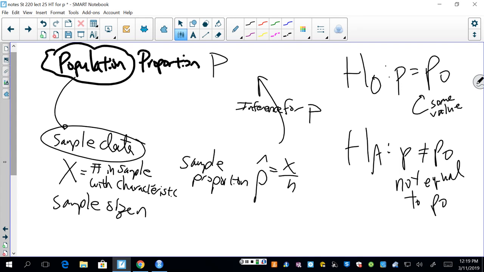But the question is, how do you measure distance? If p0 is 0.5 and you get 0.6, is that too far away? Or is 0.55 too far away? It's all going to depend on the sampling distribution and the standard error.